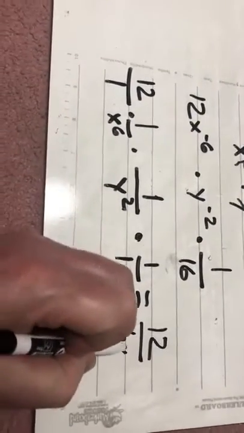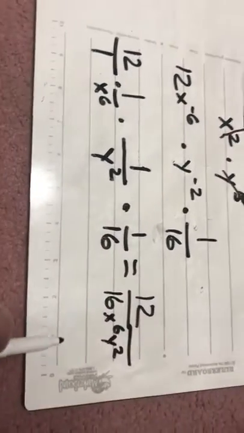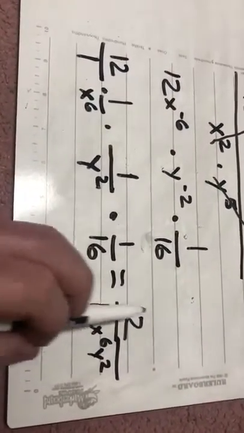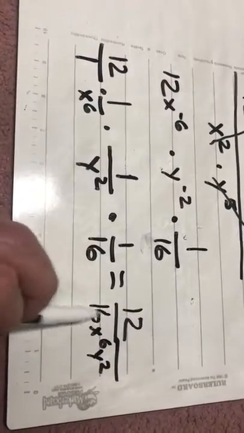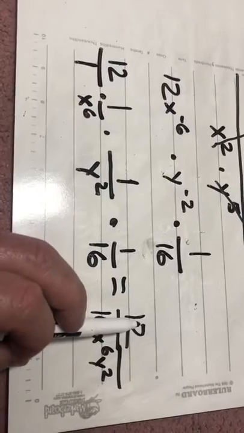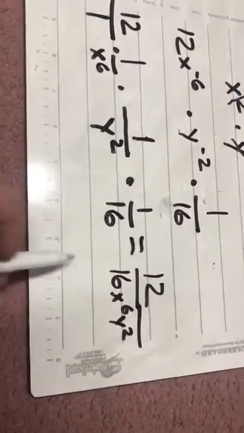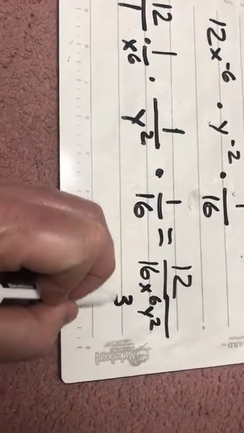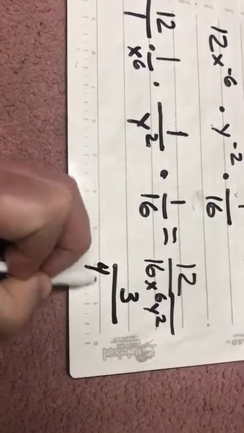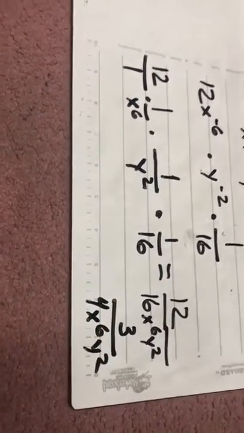So that's just going to become part of my answer. Then I'm thinking, I can actually simplify 12 over 16 by dividing them both by 4. 12 divided by 4 is 3. 16 divided by 4 is 4. My actual final answer will be 3 over 4, x to the power of 6, y squared.